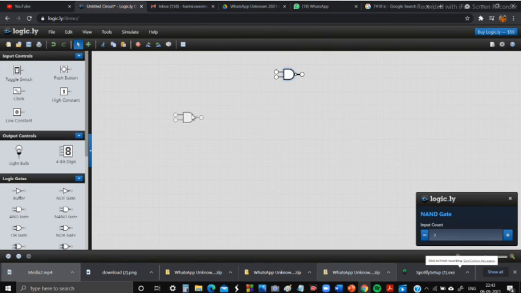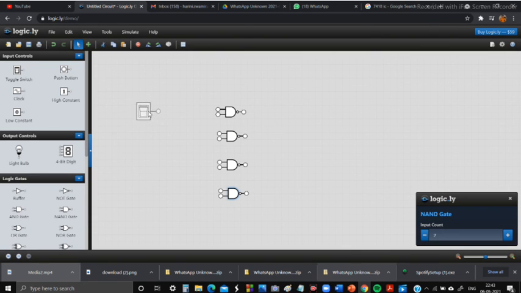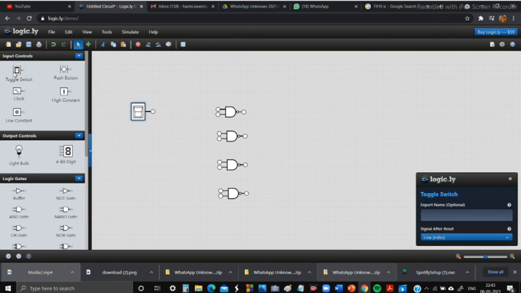Place 4 NAND gates, 2 switches, and two NOT gates.